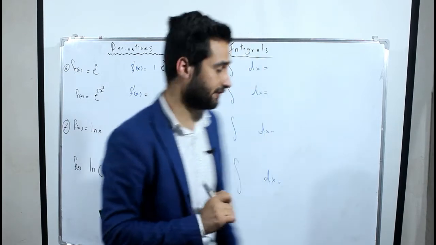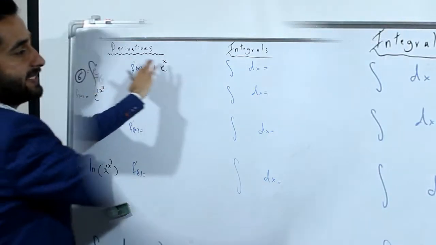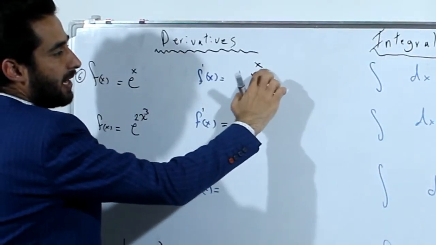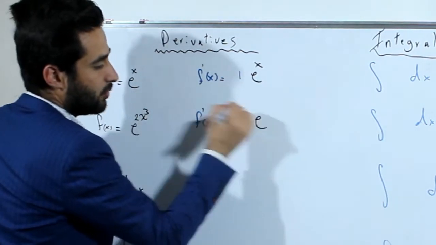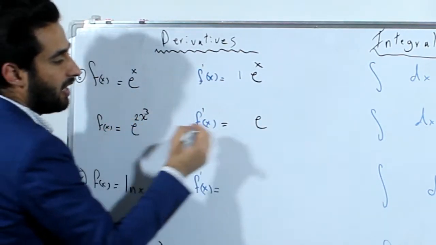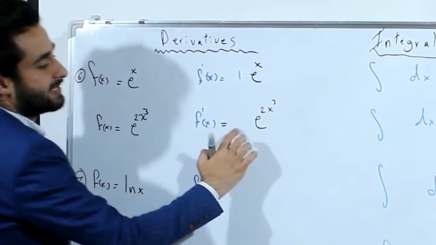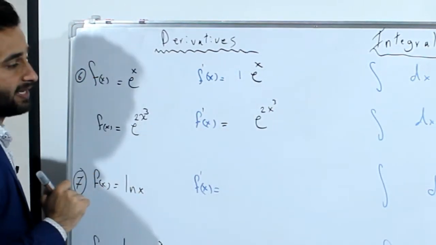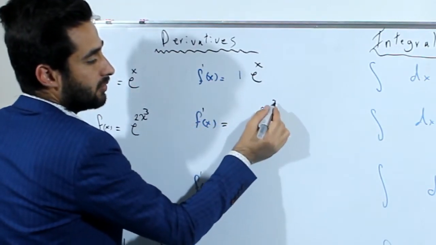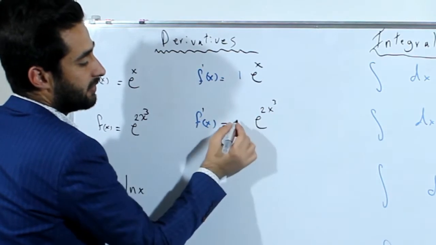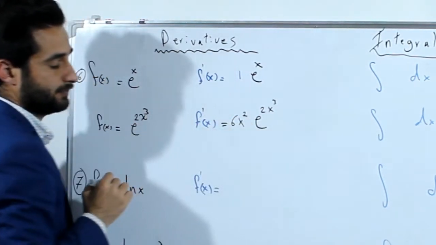Self with derivative. Look here, we wrote itself with power's derivative. Here write e to the power of itself, 2x to the power of 3, and its derivative here at the coefficient, derivative of power, we mean 2x to the power of 3. The derivative becomes 6x to the power of 2.